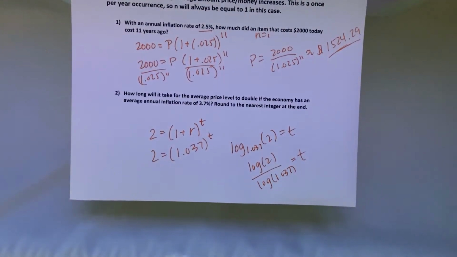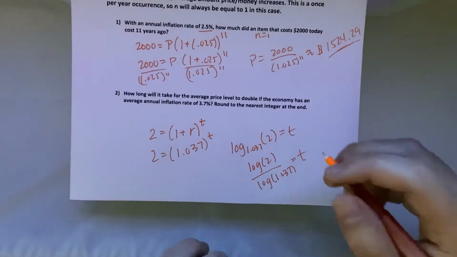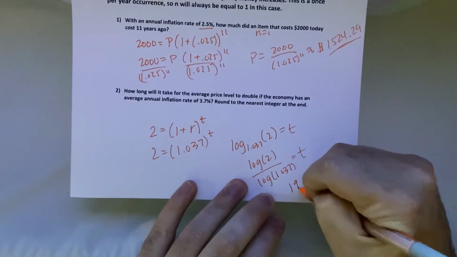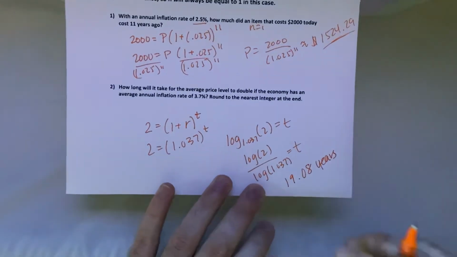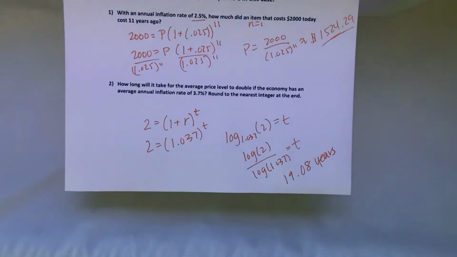Log 2 divided by log of 1.037 is 19.08 years. So a little over 19 years, the price level doubles, which means that if we had an inflation rate of that in about 19 years, so in 2039, something that costs $5 now would cost $10 then. Something that costs $1,000 now would cost $2,000 then. So that's how inflation problems work.